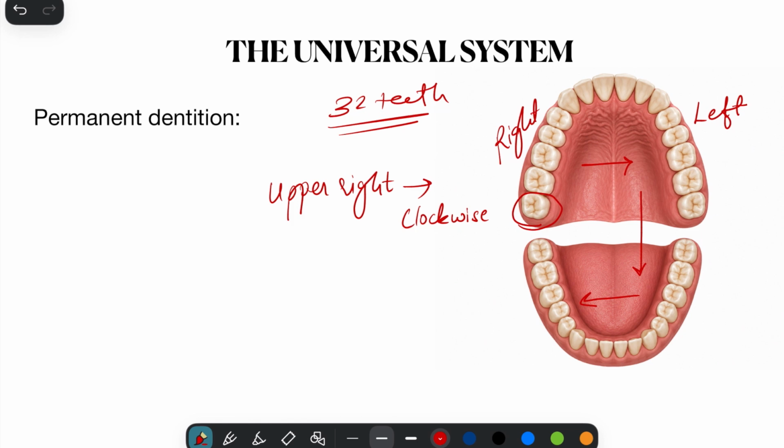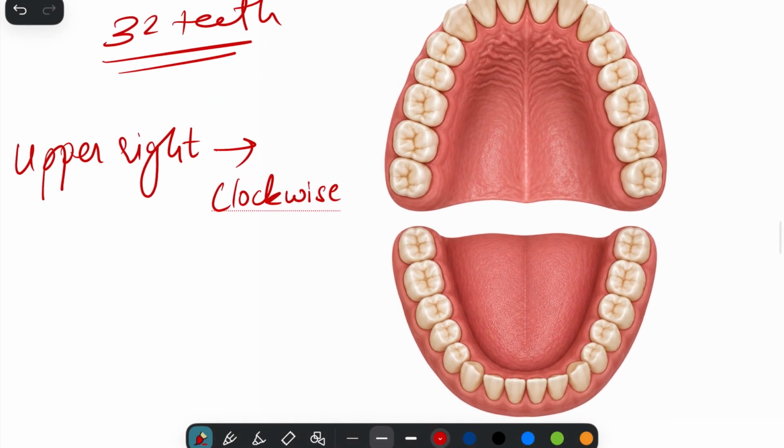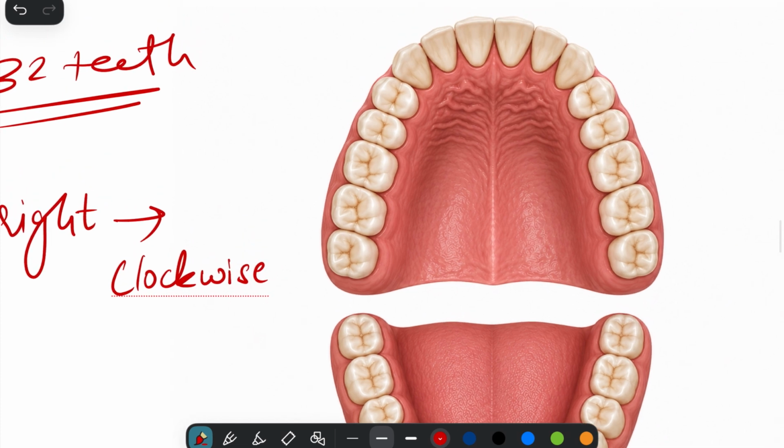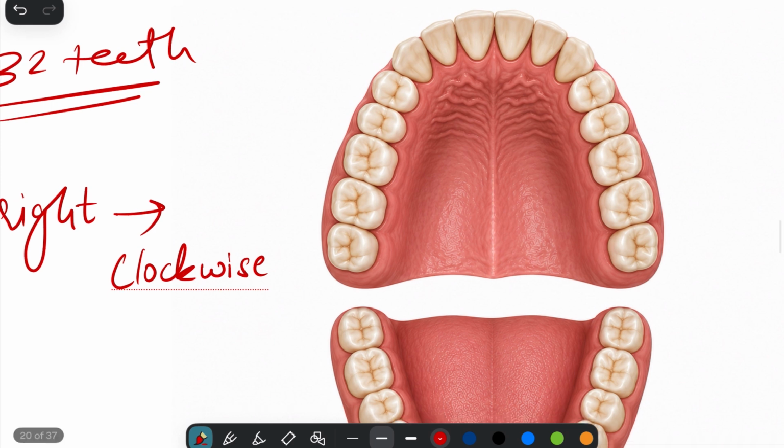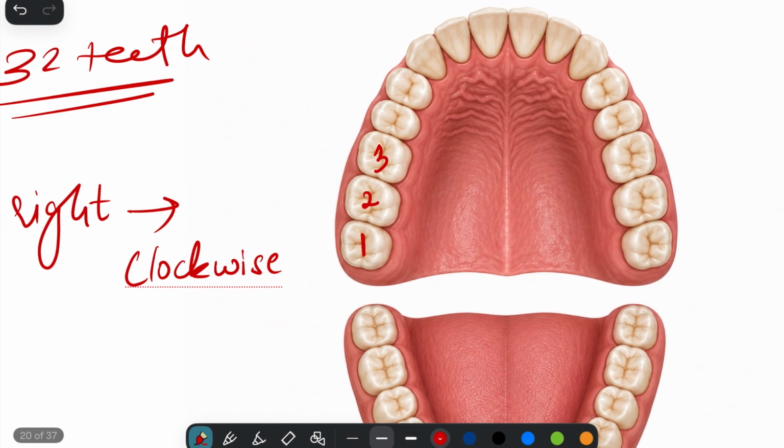Let's start numbering the teeth. Let's zoom in. The maxillary right third molar will be numbered 1. Second molar will be numbered 2. First molar, 3. So this is the upper right side and we are starting with the upper right third molar.